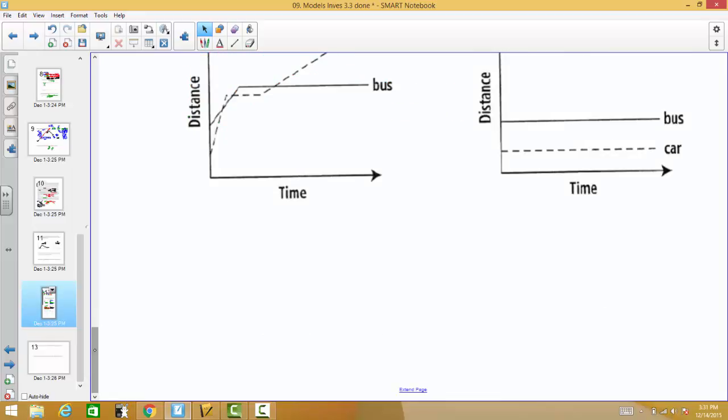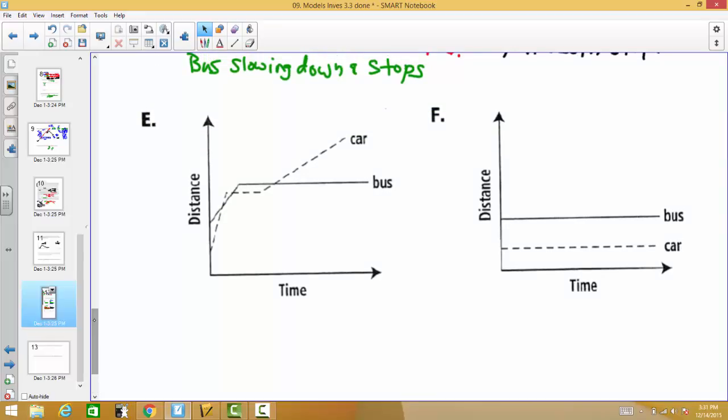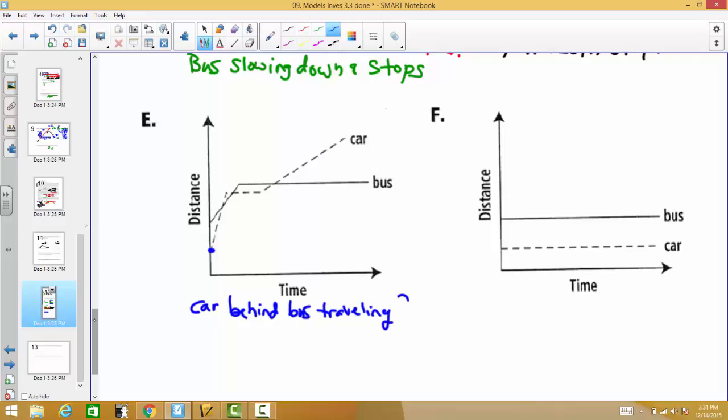Okay, this one looks super fun. I'm so blessed to have the vision to see this. So the car is behind the bus, traveling faster because it's steeper. Right here, the car passes the bus.